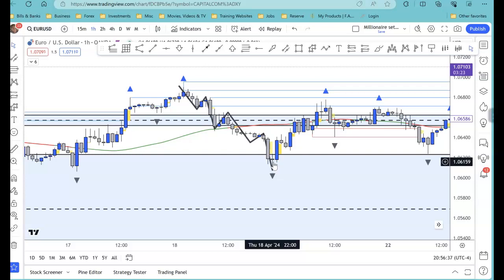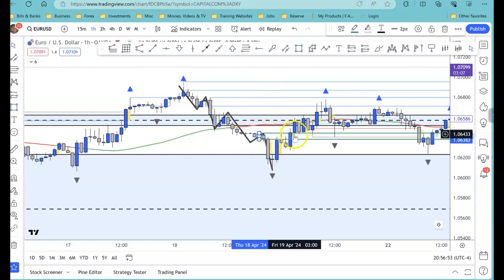Now, if this is not enough and you want to see that the market is moving away from the zone and is pushing away from the zone, you can easily look for your last buying candle, mark up the zone right here, wait for the market to close above, take the retest, and then take the buy. So retest buy, you can do that. That'd be like a second confirmation of a second confirmation.